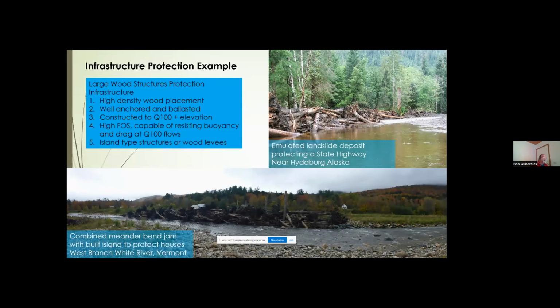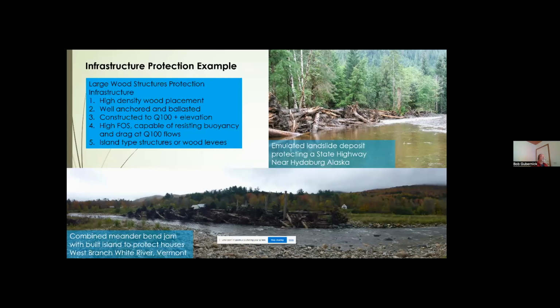So the upper right-hand corner is a large, essentially landslide type style deposit that you would see along the margins of an area where a landslide went through. This is essentially a really large mound of logs that are woven together, and they're protecting a state highway behind that got blown out during a flood.